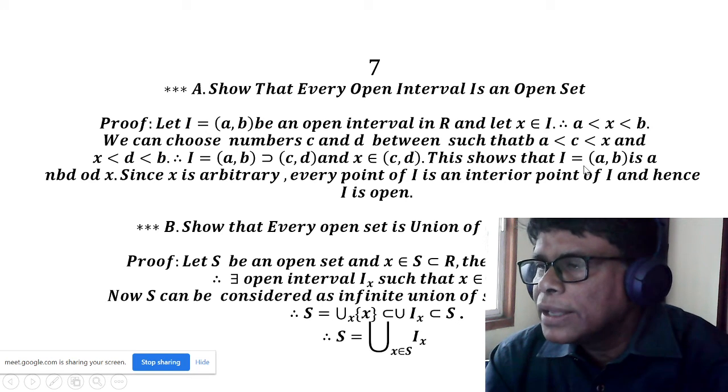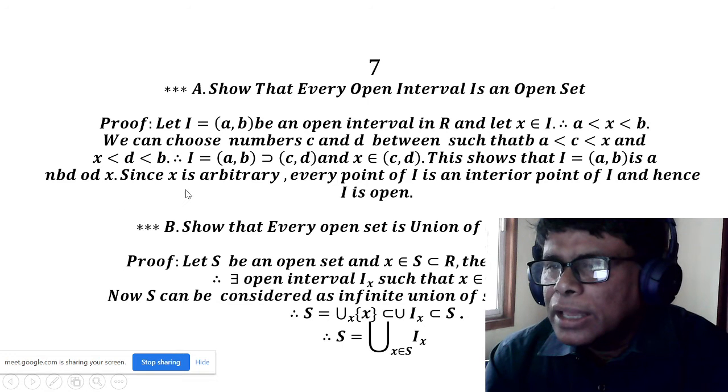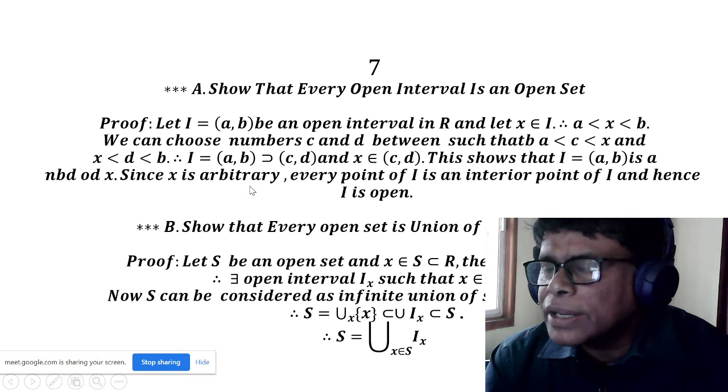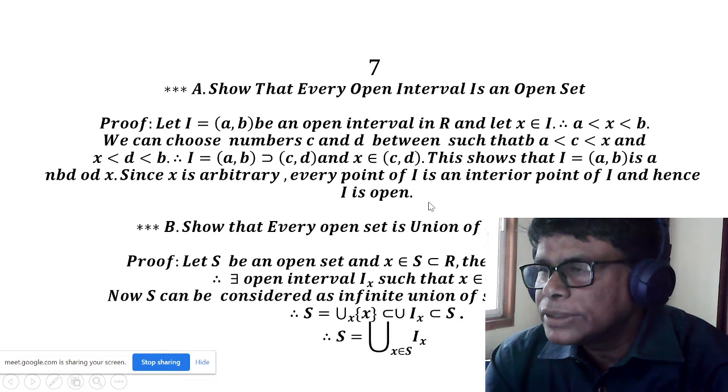This shows that AB is a neighborhood of X. Since X is arbitrary, every point of I is an interior point of I, and hence I is open. So this set is open.